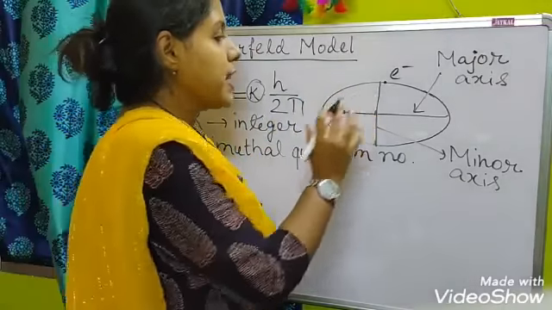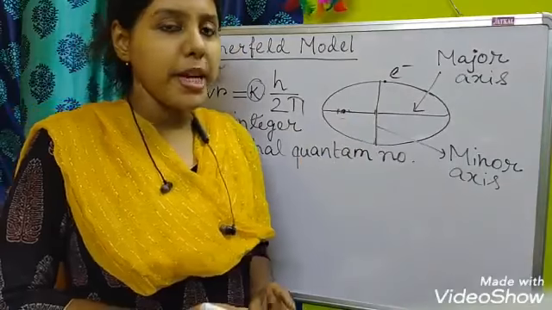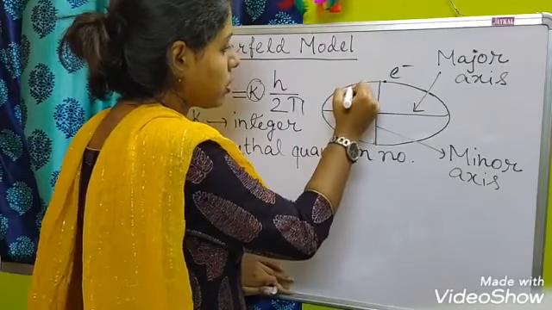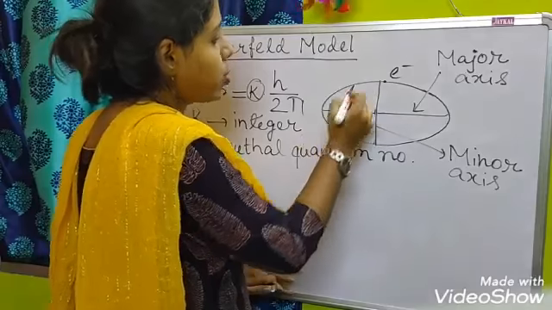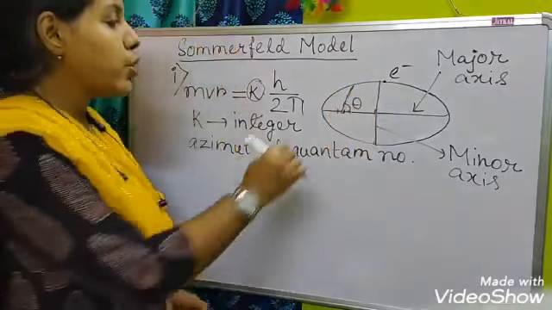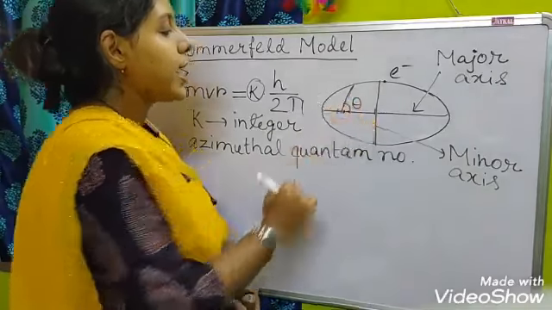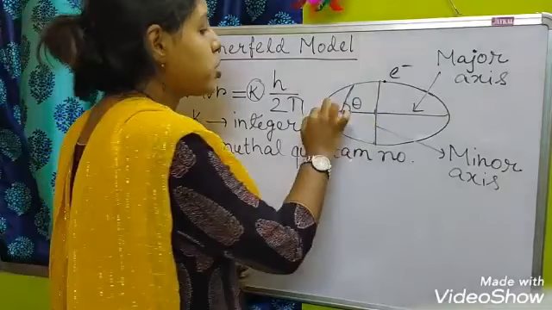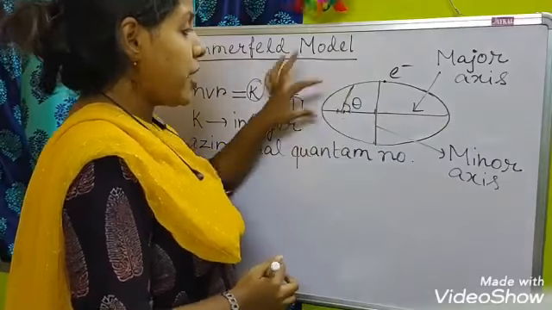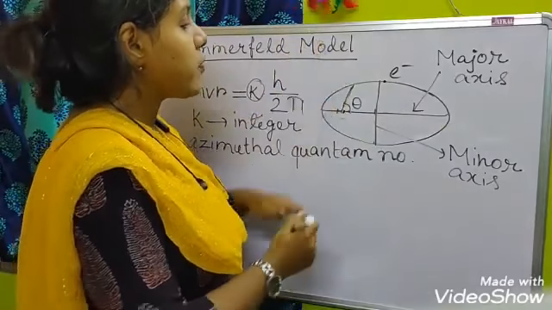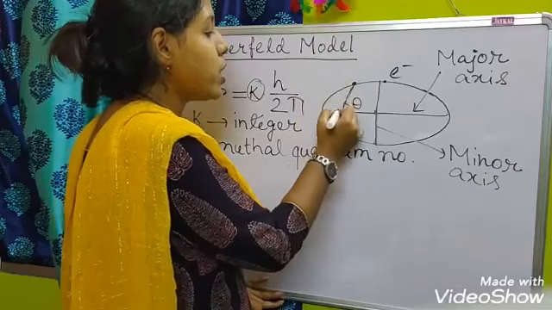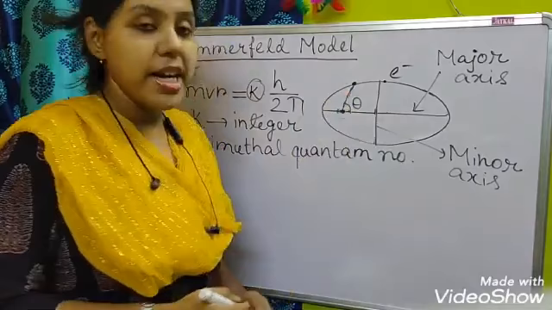Now in the elliptical orbit, we could see the change in the angle of revolution. This is the angle of revolution made between this major axis and the radial distance, the distance of the electron. Suppose here there is the electron; the distance of the electron from the nucleus is called the radial distance.